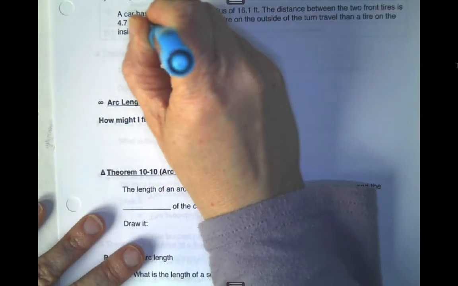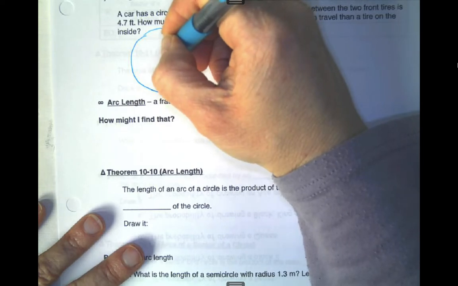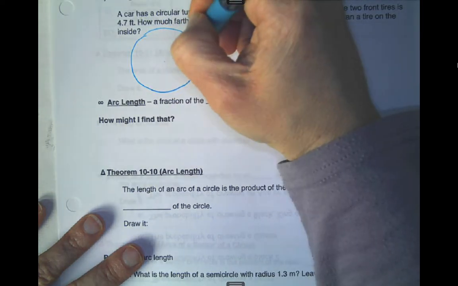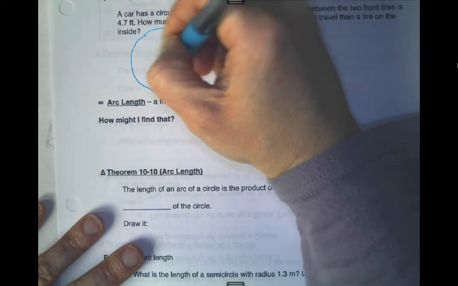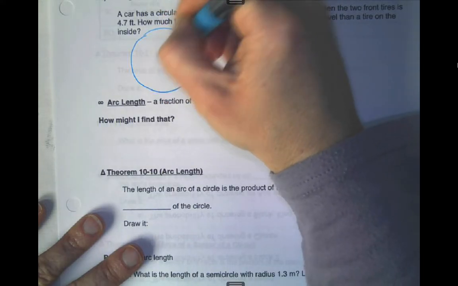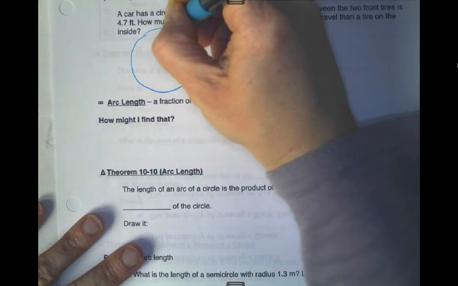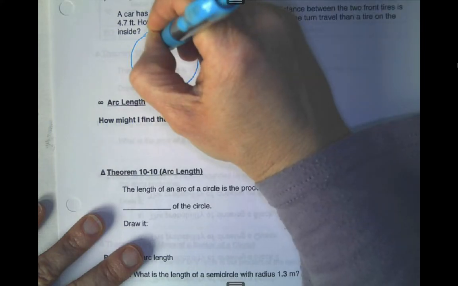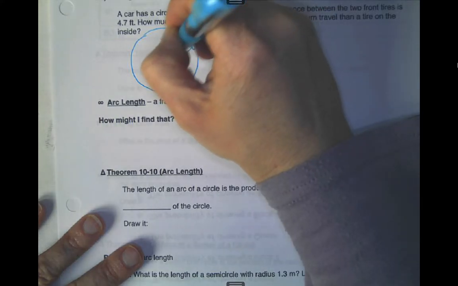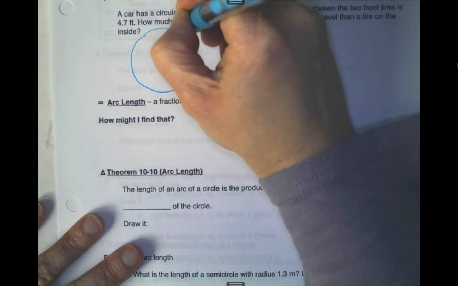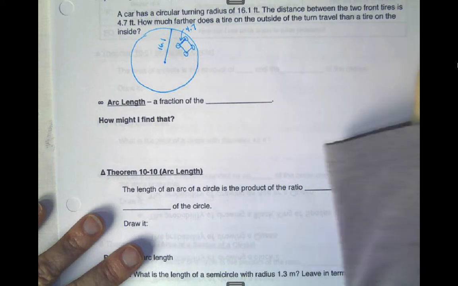So to start you off, you might be a little bit stuck on how to even draw this picture. So here's my car. The turning radius is the outside radius, so it's 16.1. And the distance between the car's wheels is 4.7.